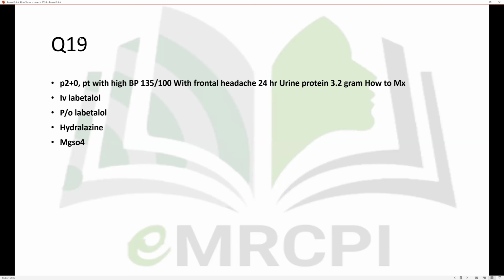Okay, so why would you start the magnesium sulfate, my friends, at this level? To prevent fits. Okay, so what is the protein level in this case?